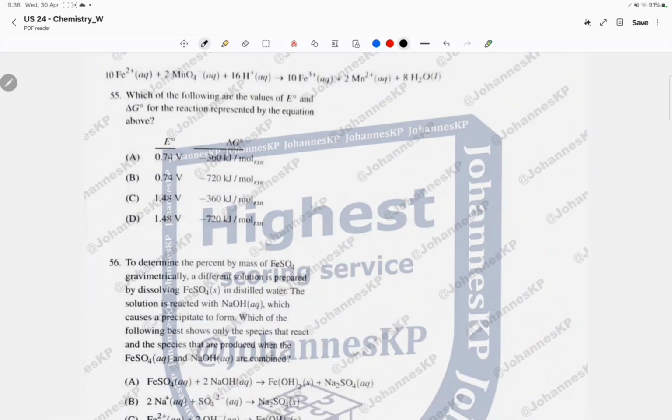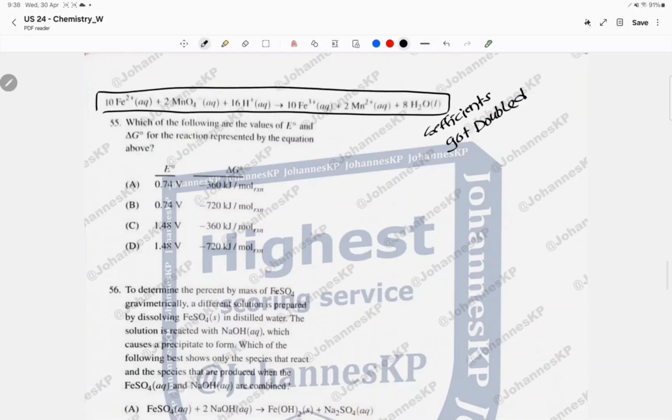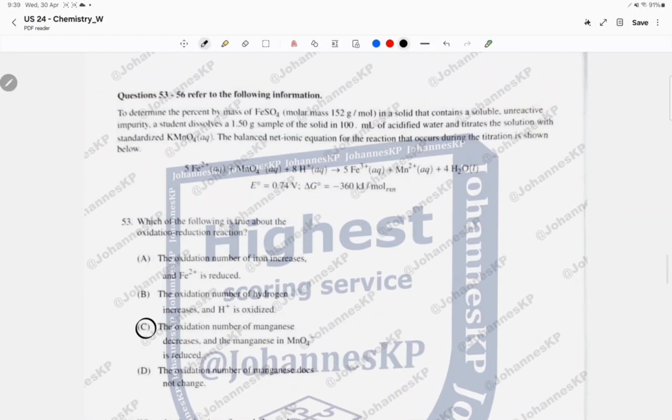Okay, so here, this reaction is the same as the old reaction, but the coefficients got doubled. Okay? Let's look back at the previous reaction. Yep, everything was of half the coefficient as the newest reaction.